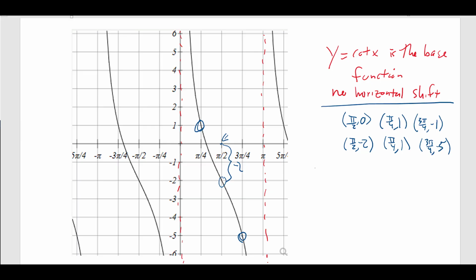So I think we could say it's y equals something times cotangent of x, minus 2. The thing is, what is this going to be? Normally this value here, this -5, would have been at -1.